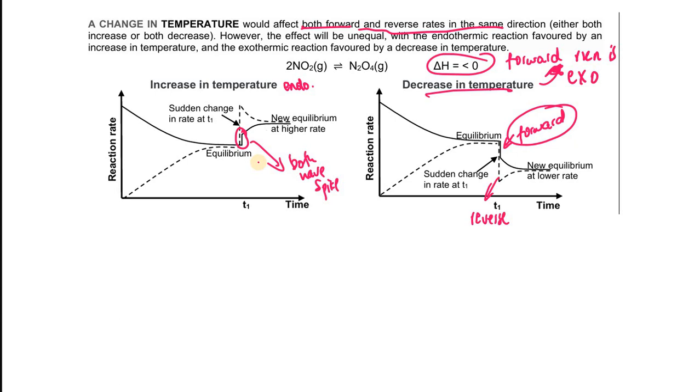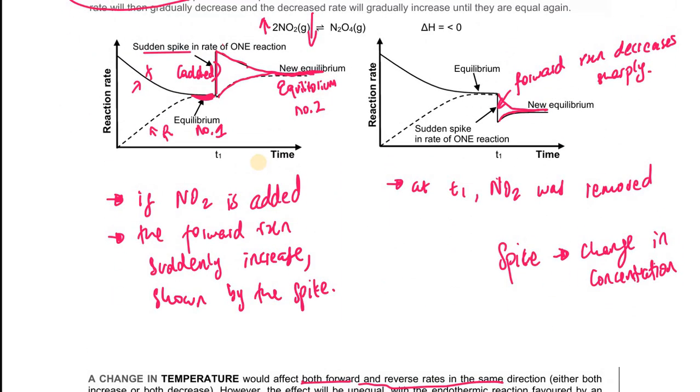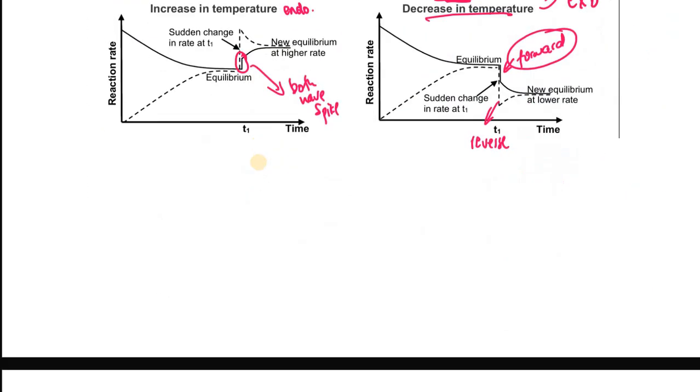So understand that you just keep in mind which one will have the higher rate by looking at your enthalpy there. Okay, let's keep that in mind. All right, and then this last one.